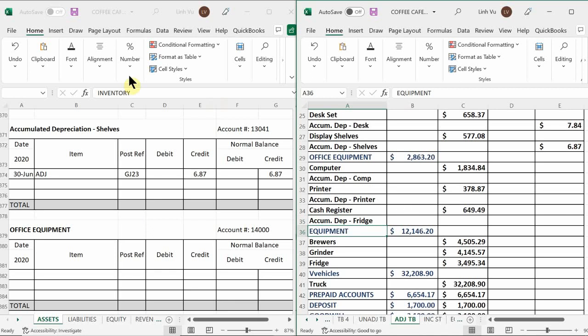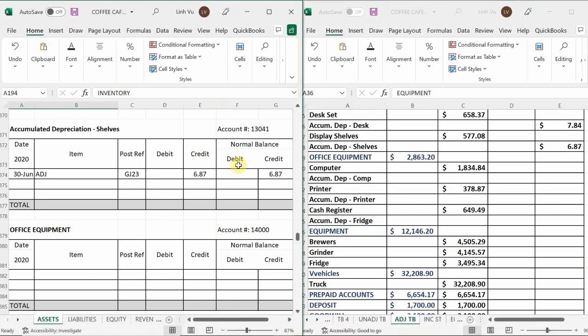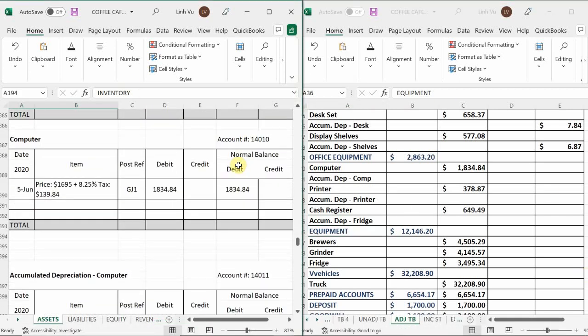So let's go through each and every single office equipment.